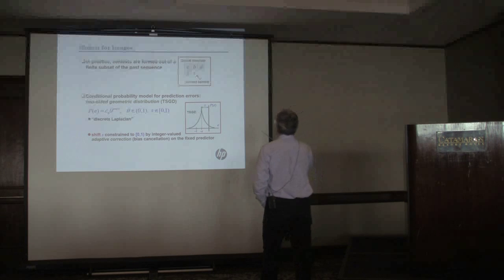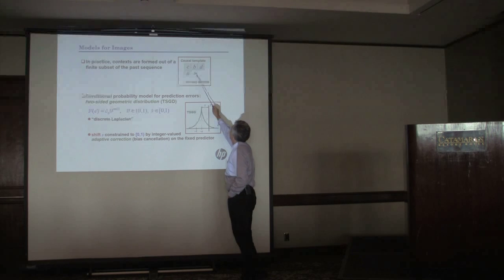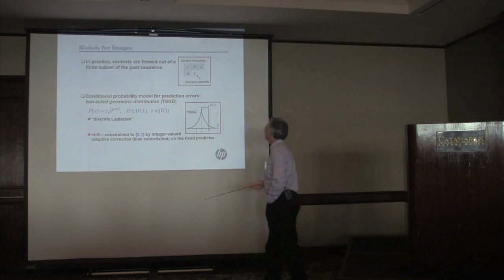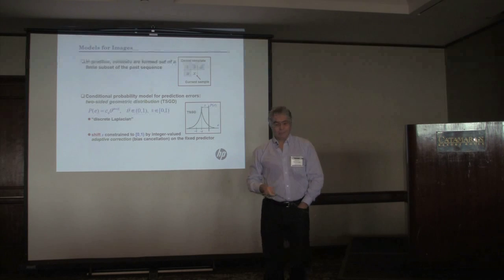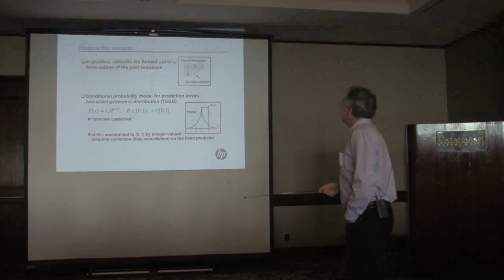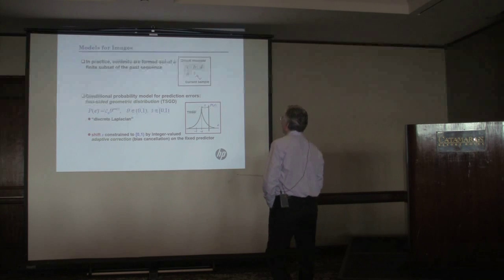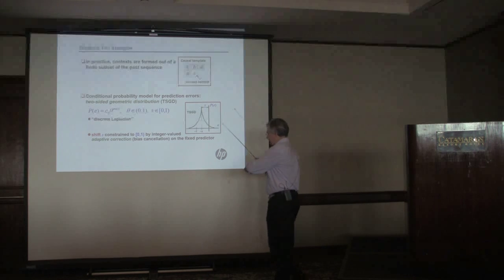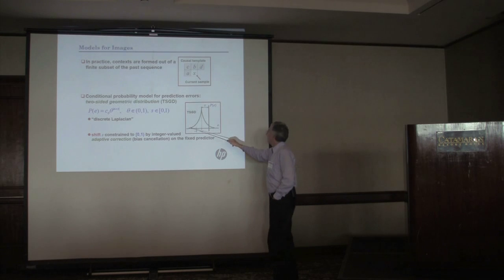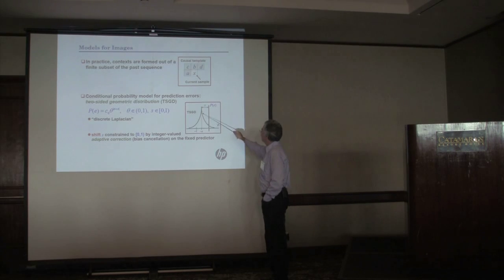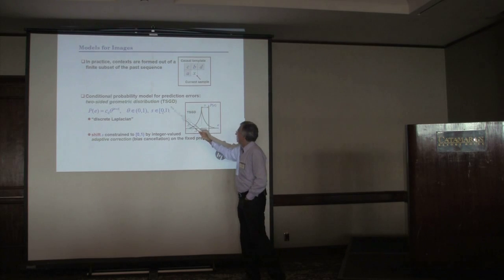So we take a causal template of the current pixel to encode the image. And the other important model is the conditional probability model for prediction errors, which is what we call a two-sided geometric distribution. It's a distribution like a discrete Laplacian with some bias, which we can assume is between 0 and 1.